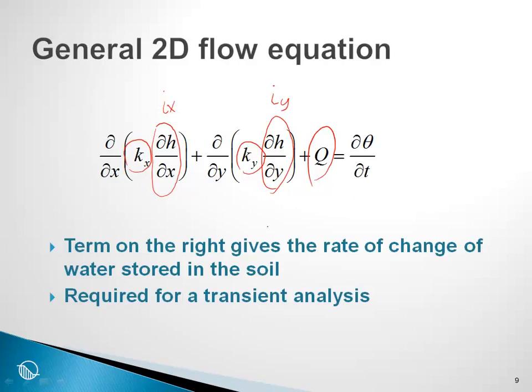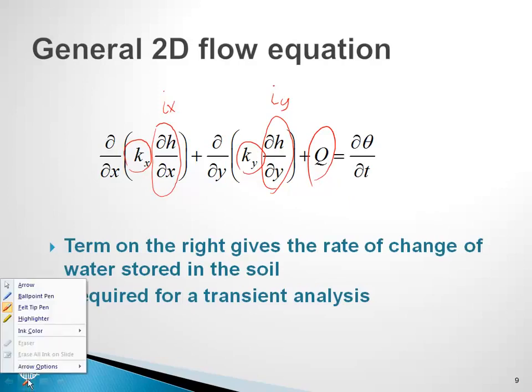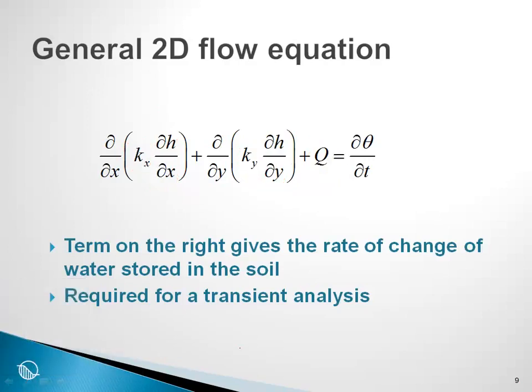I will erase my highlighting here. So what this equation says, that we have the rate of change of the gradient in the x direction. The point is that it is the rate of change with distance within the domain of the gradient.